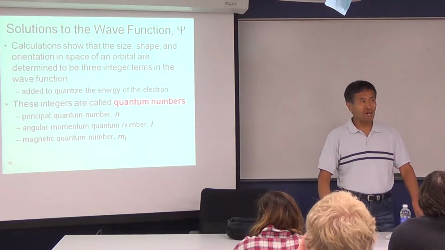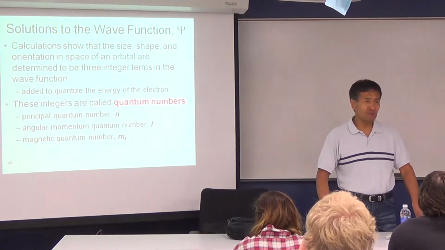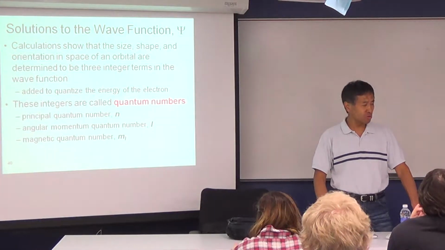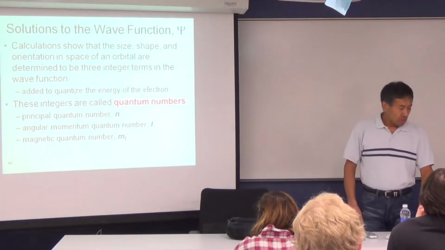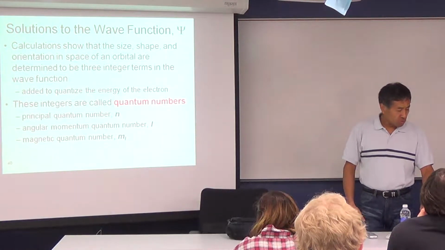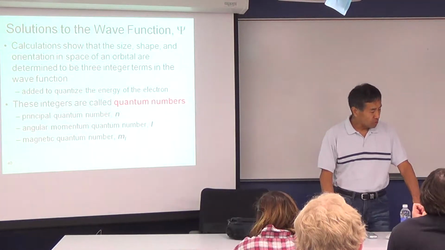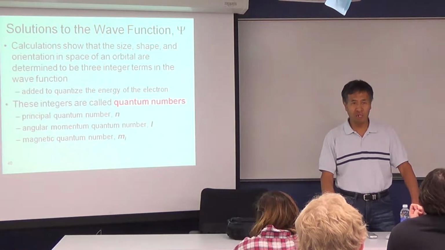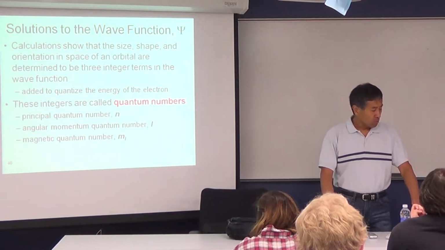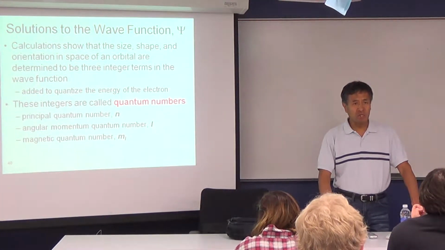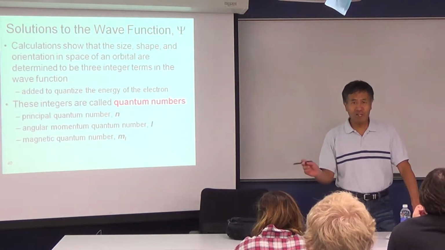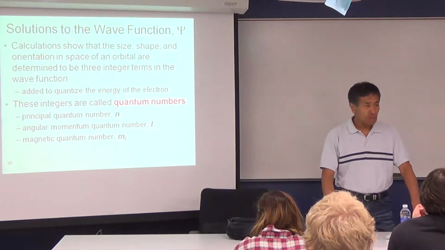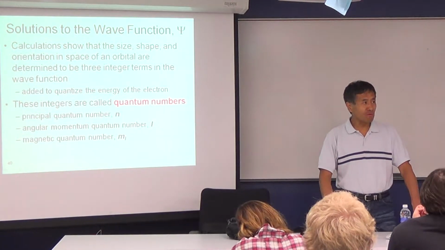We'll also talk about the energy, how we can use it to do calculations, predictions, or explanations for the experimental results. Actually there are 4 quantum numbers, but 3 of them come from that equation, so let's first talk about those 3.